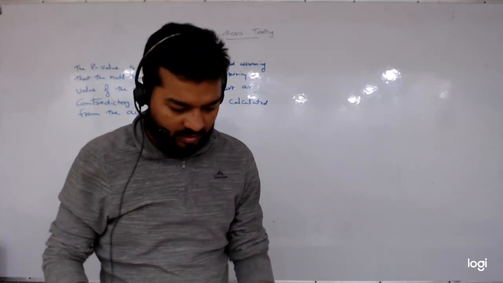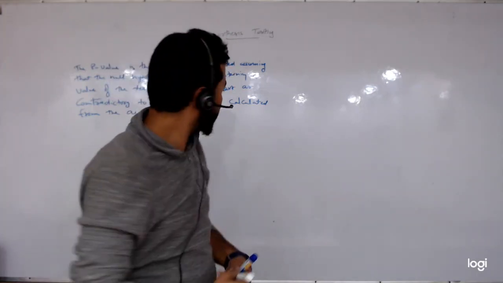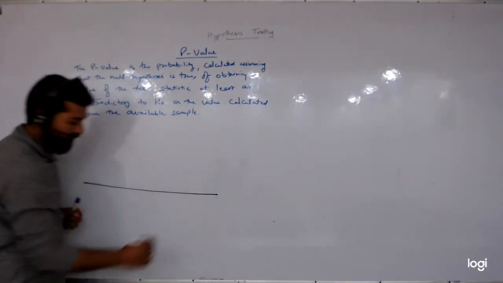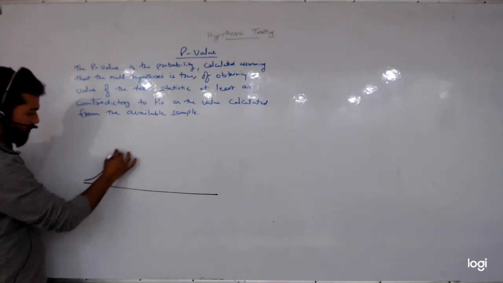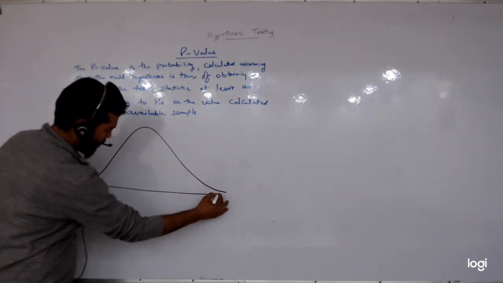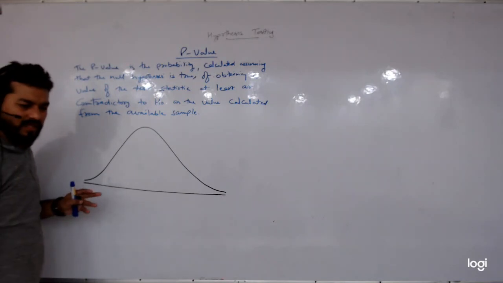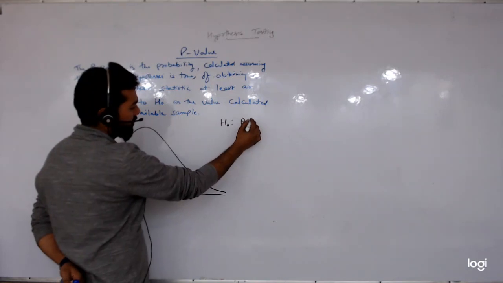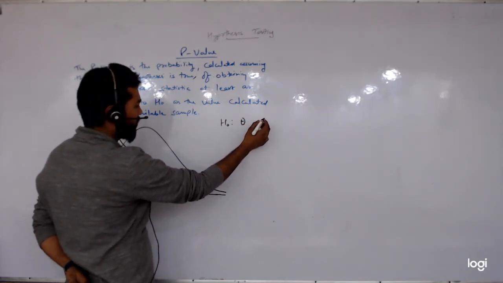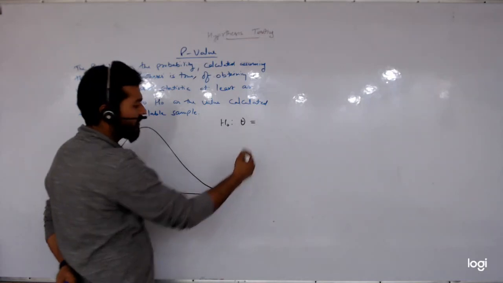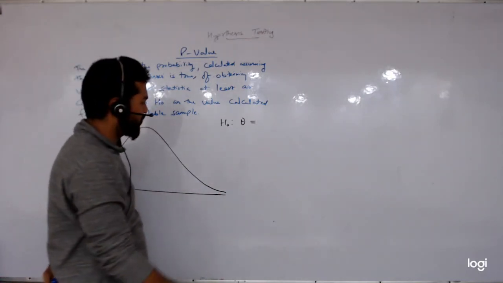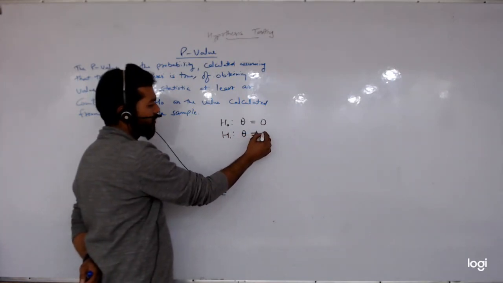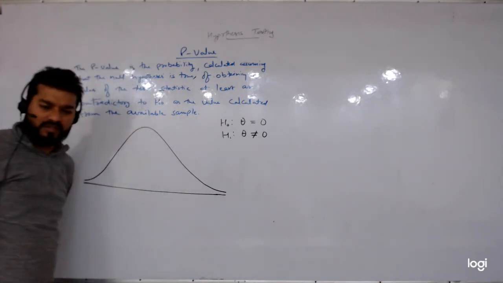Okay, so let's just get back to what we've been doing. The same example, same null hypothesis. Null hypothesis was theta, the population parameter defined as differences in proportion of people showing improvement. This was going to be 0, and the alternate one was that they're not the same. Difference is not 0.